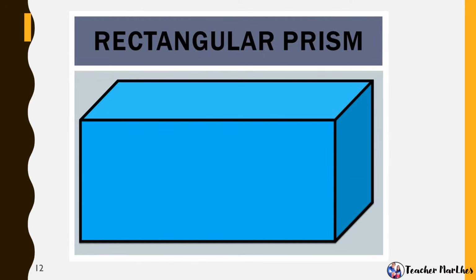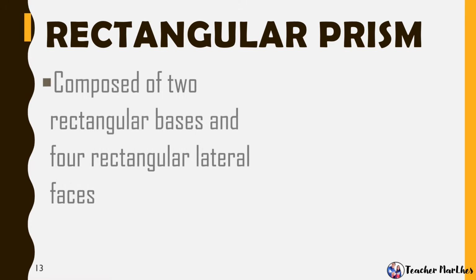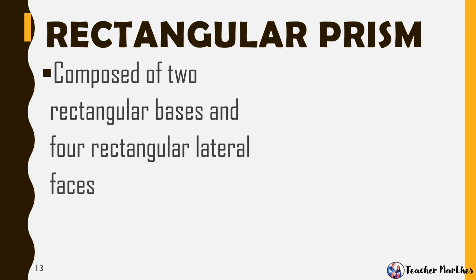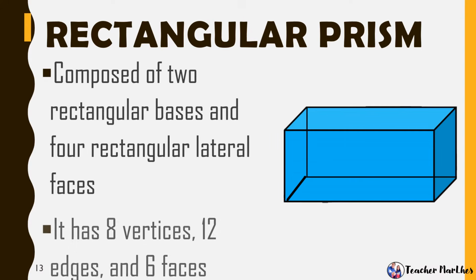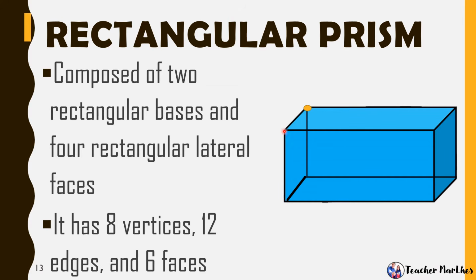The second figure is rectangular prism. It is composed of 2 rectangular bases and 4 rectangular lateral faces. It has 8 vertices: 1, 2, 3, 4, 5, 6, 7, and 8.